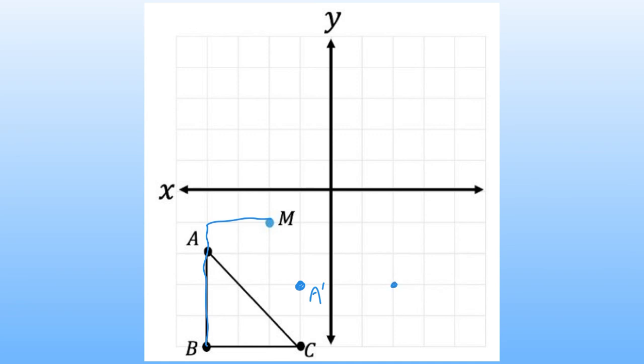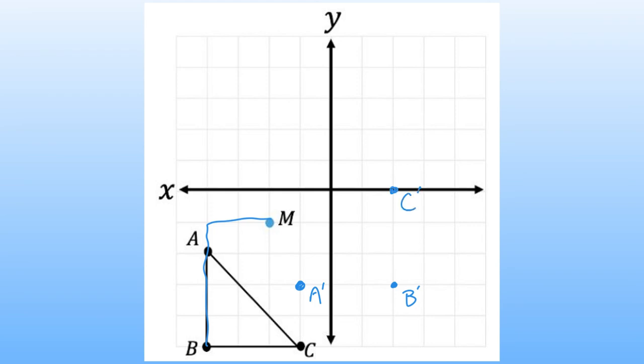B prime is right here, placing it 3 units away from point A prime as well. If you count right here, 1, 2, 3, that should also be 1, 2, 3. And hopefully you can see that if it goes 3 units here, we just turn 3 more units up, and C prime ends up right there.